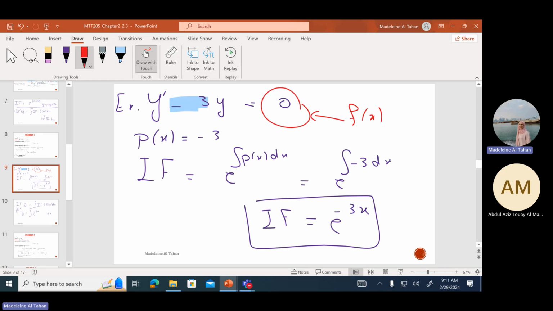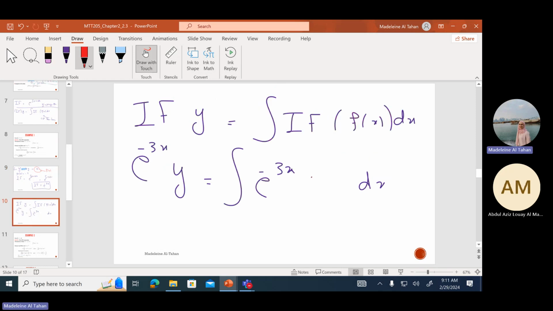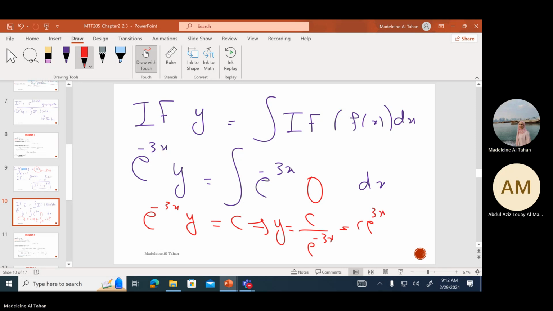What's f of x here? 0. Okay, so what can we deduce? That e to the minus 3x times y equals what? A constant. So what's y now? C over e to the minus 3x, which is c e to the 3x.